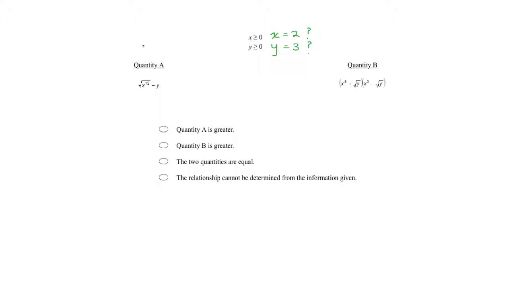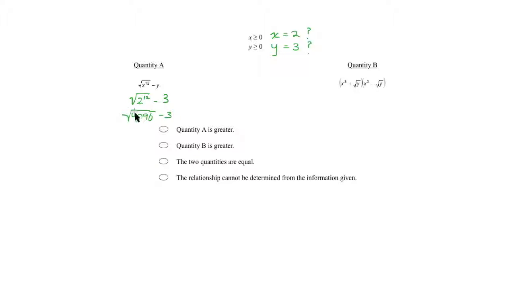Well, then, when we try to figure out what quantity A is, the square root of x to the 12th power minus y, we'd be talking about the square root of 2 to the 12th power minus 3. And 2 to the 12th power, if you go to your GRE calculator and you do 2 times 2, 12 times, you're going to get 4,096.